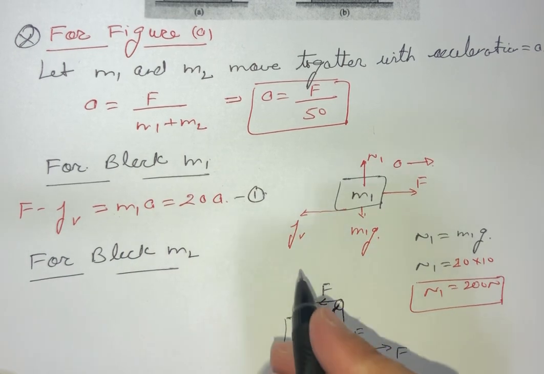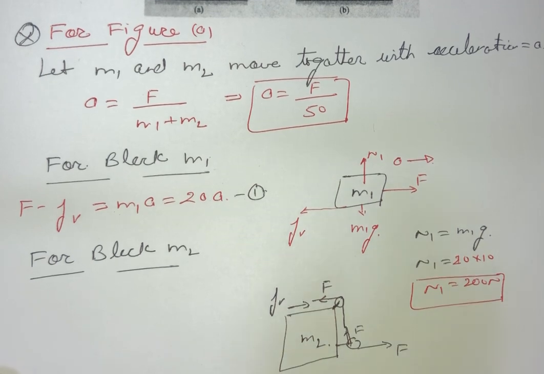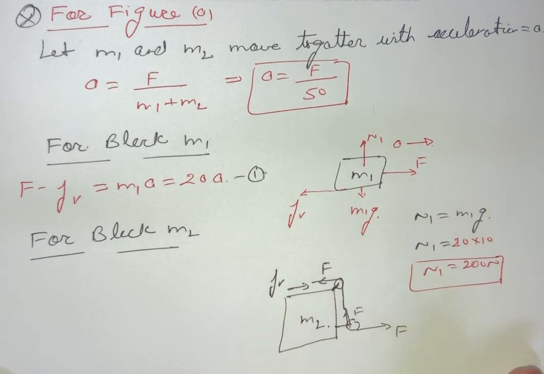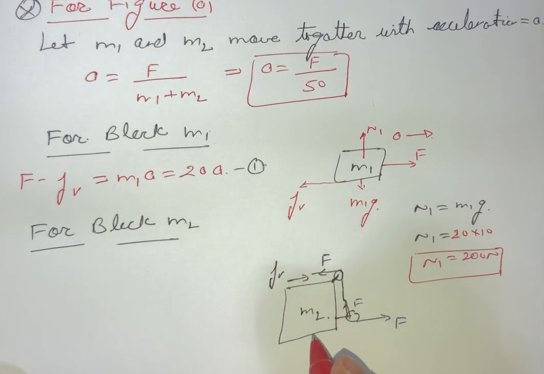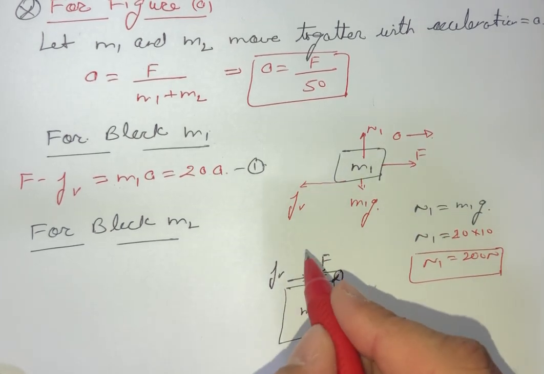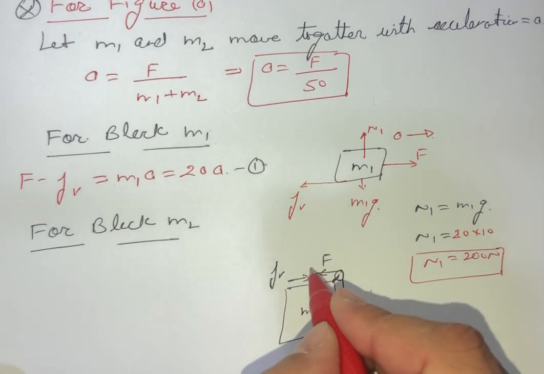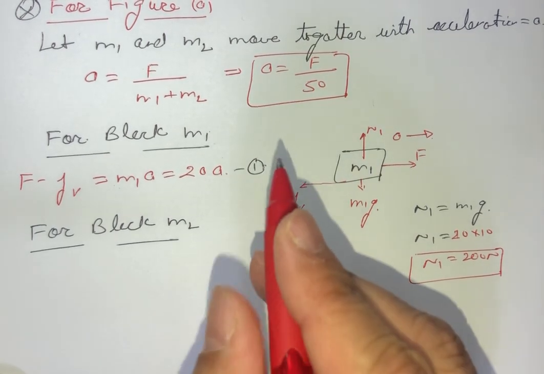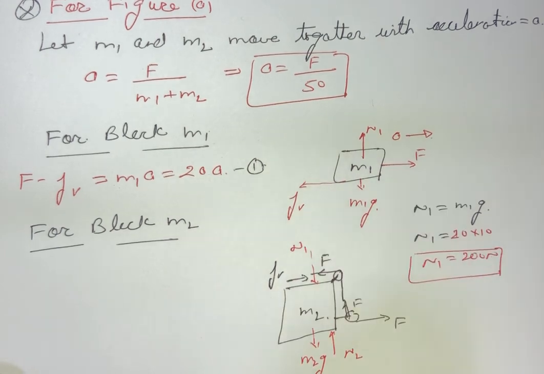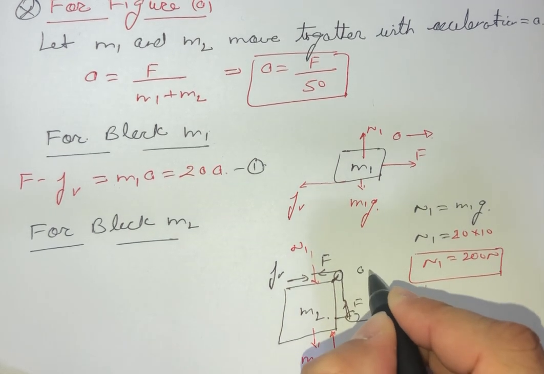Because of friction, here also there will be friction, let us call that Fr, in this direction. The other forces acting on it in the downward direction are M2G, and there will be the normal because of the surface, let us call that N2, and because of M1 the normal will be N1. And it is moving with acceleration A in this direction.